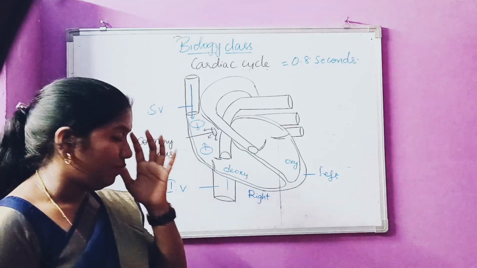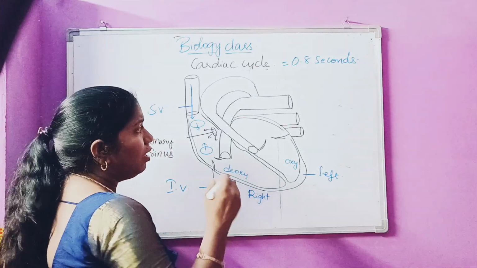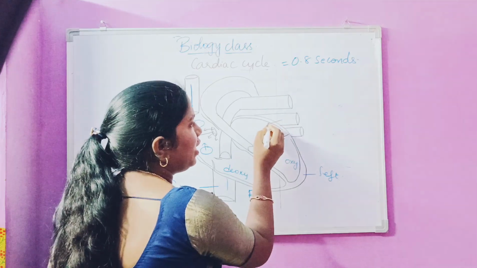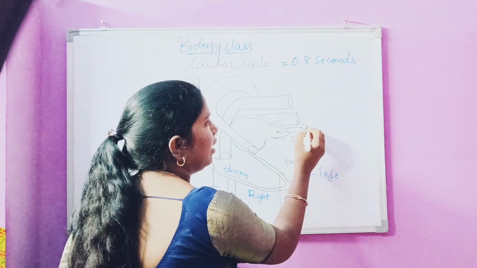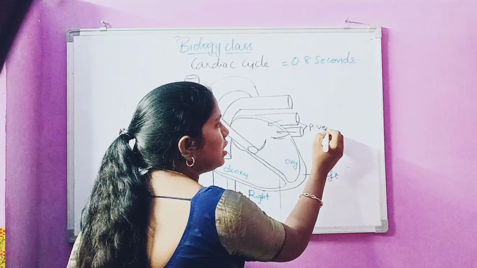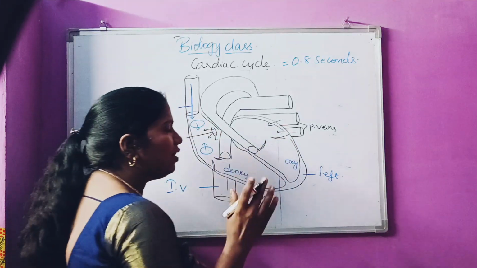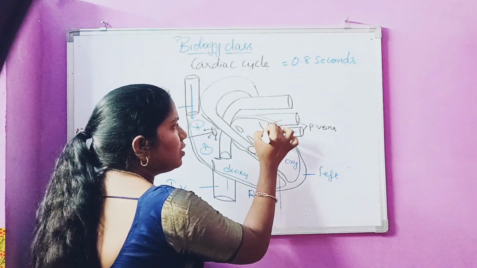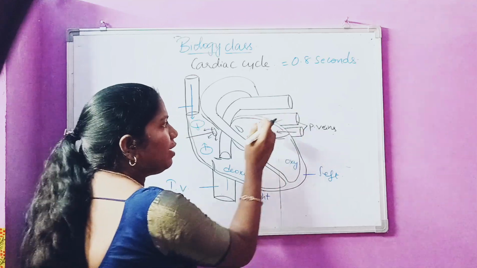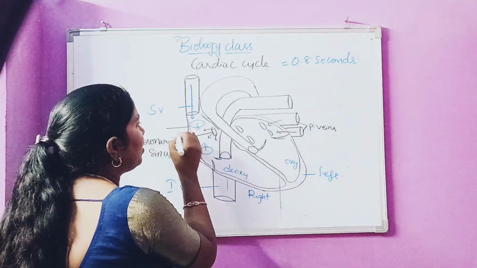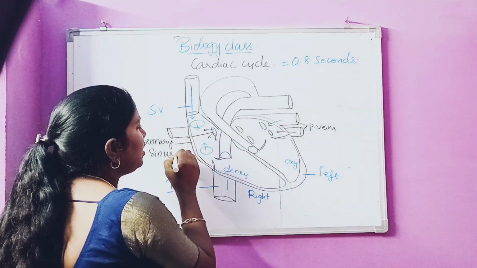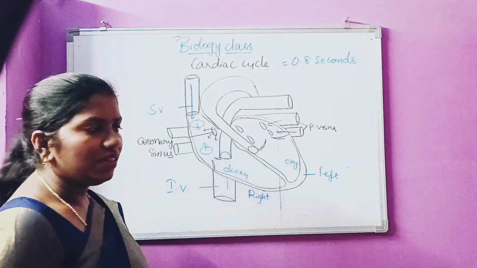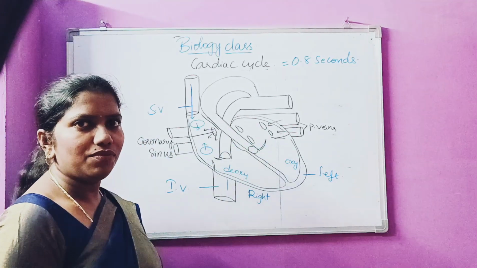Next, coming to the left side, who is bringing the blood? The pulmonary veins are bringing the blood. How many pulmonary veins are there? Mostly four pulmonary veins: two from the left side and two from the right side. All of these open into this chamber, the left auricle.